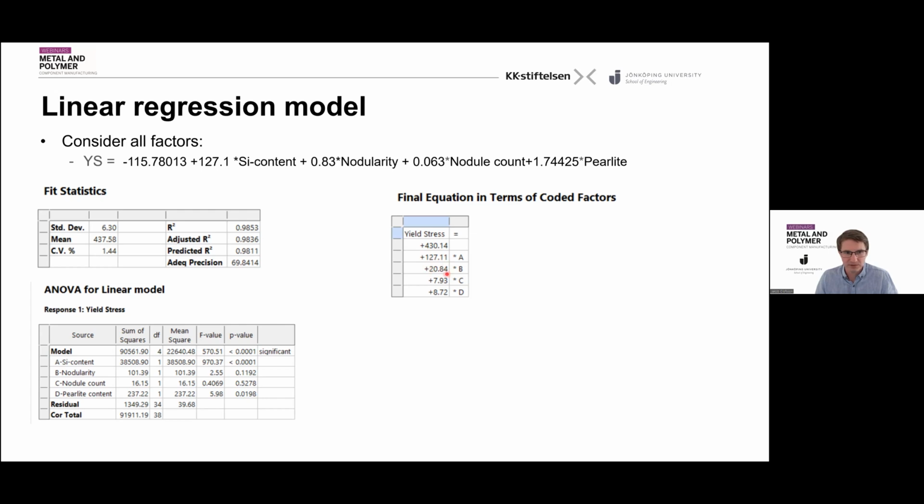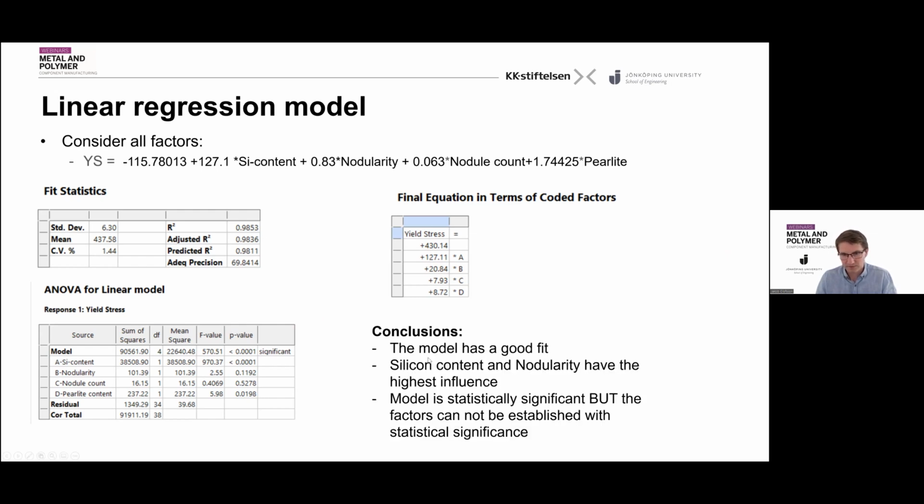Then we can see it for B, nodularity. Yeah, that also has an impact. But nodule count and perlite content, based on our data, they don't contribute very much to the yield strength model here. So the conclusion: the model itself has a good fit, and the silicon content and nodularity have the highest influence.